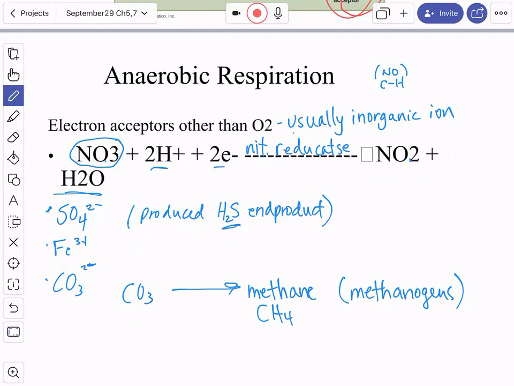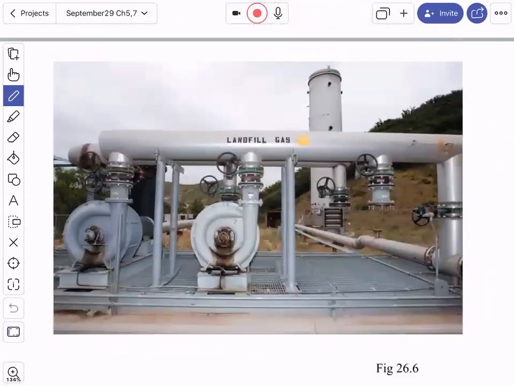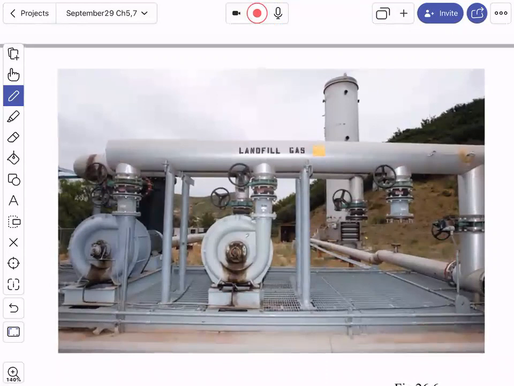I didn't post this picture, but if you've ever been to a landfill on a field trip, I went with my kids once, it wasn't the most interesting exotic field trip I've ever been on, but I went to the landfill just south of Grand Rapids. And it's actually pretty scientific, landfills are.